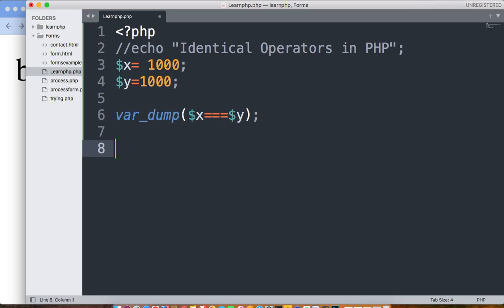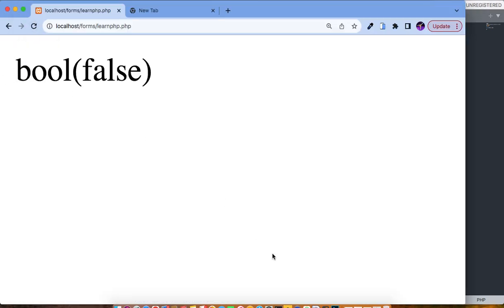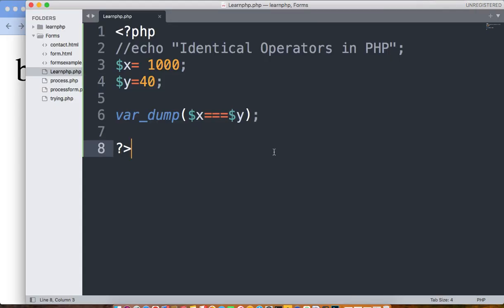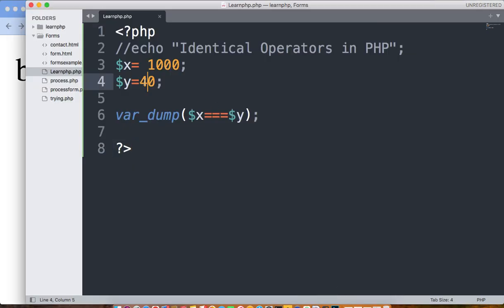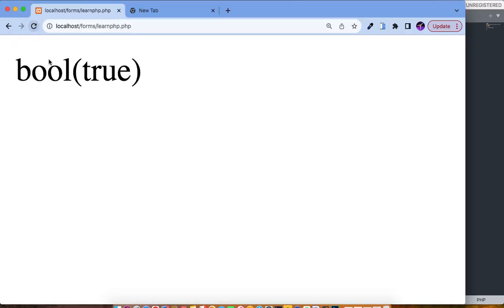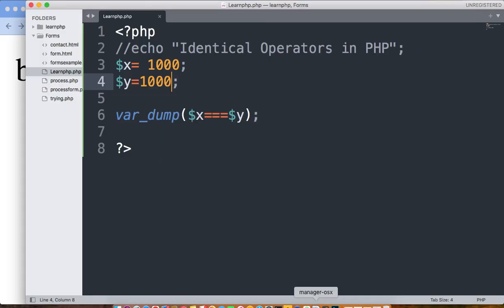It was not closing, so that's why. Save, refresh. Okay, both are not identical. Now let us put 1000. This is for you to understand better. It gives true because they are identical. x is identical to y. That is how you can check this particular operator.